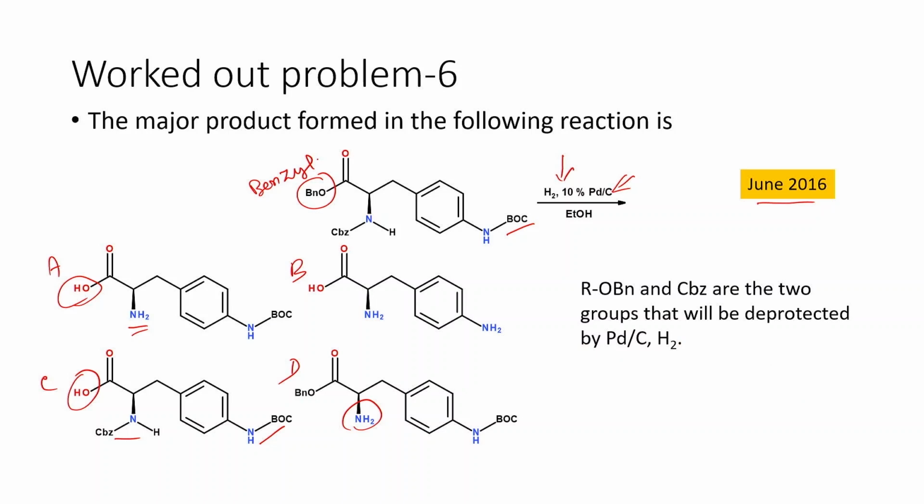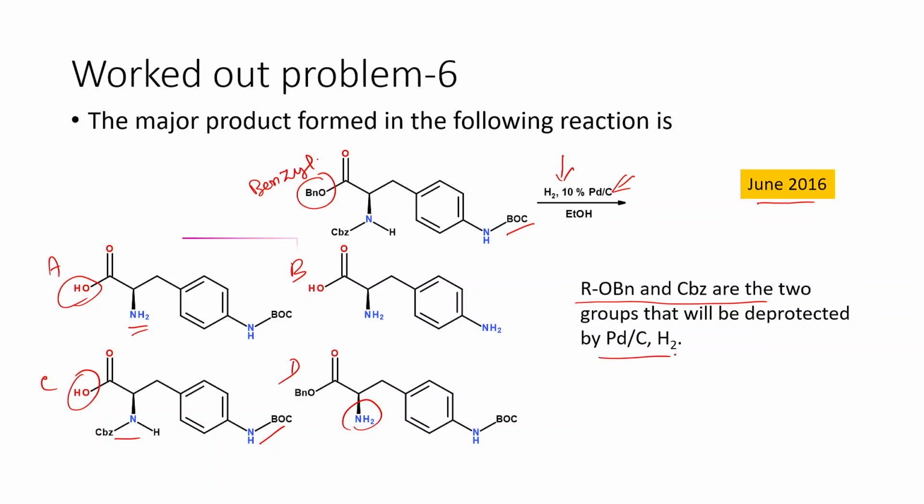This hydrogen and 10% palladized carbon deprotects both OBn, that is the benzyl group, here the benzyl ester, and Cbz. These are the 2 groups that are deprotected by the use of palladized carbon.